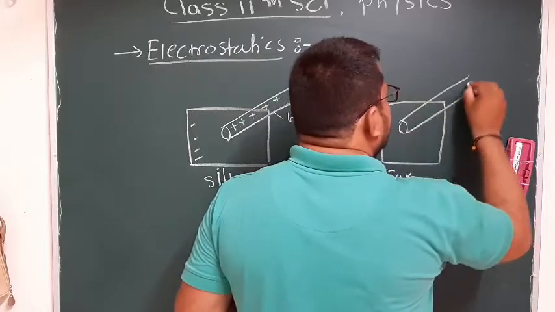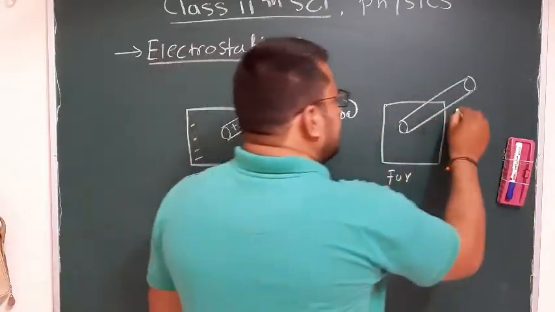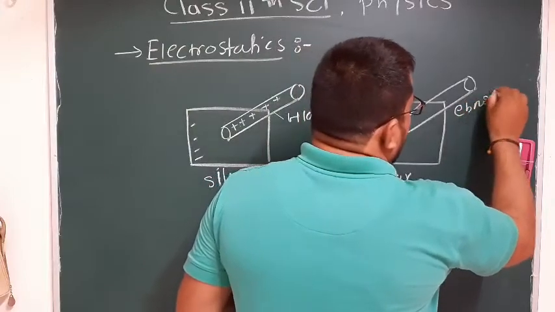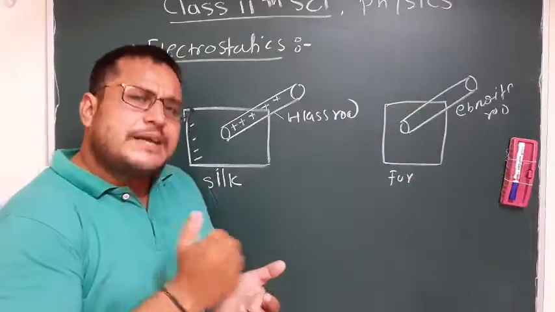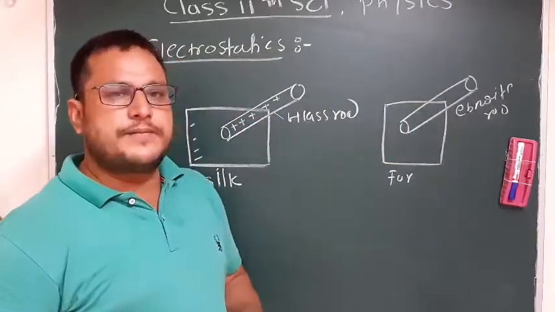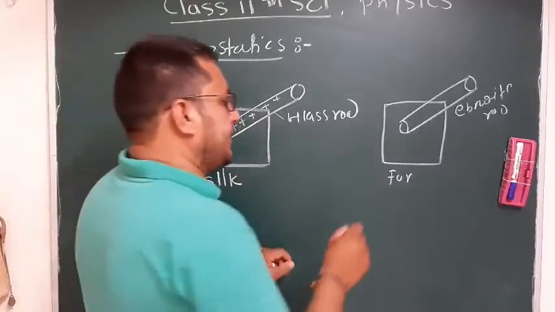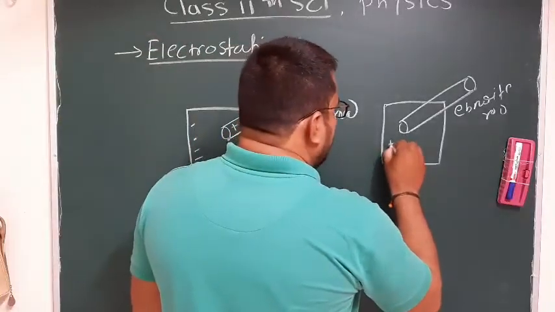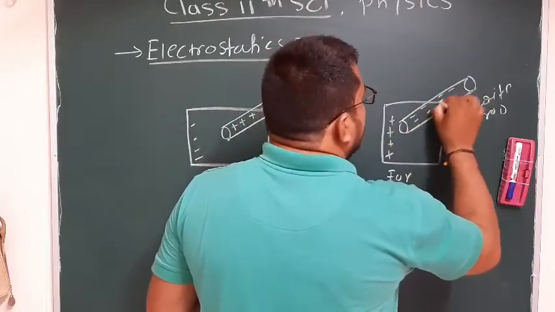And we have another object, an ebonite rod. When we rub that ebonite rod with the fur, after some time we observe that the fur has a positive charge and the ebonite rod has a negative charge.